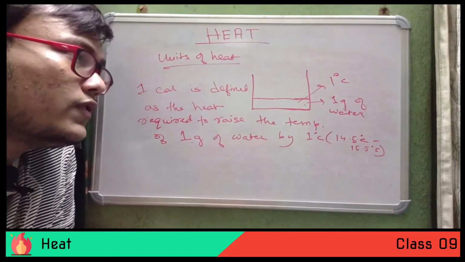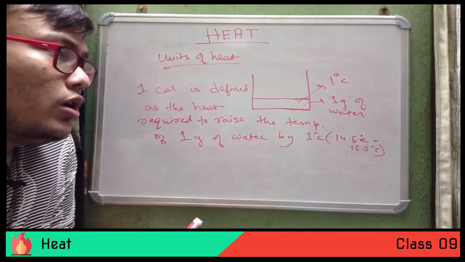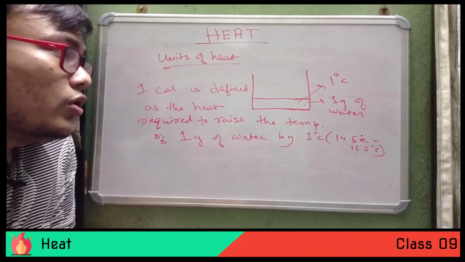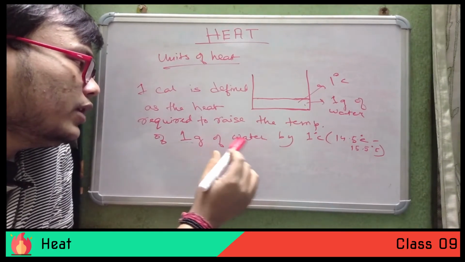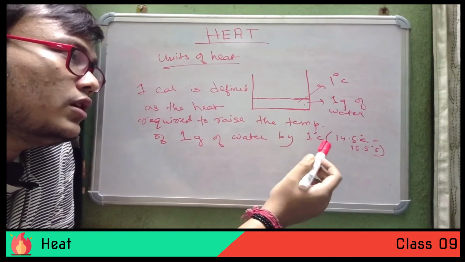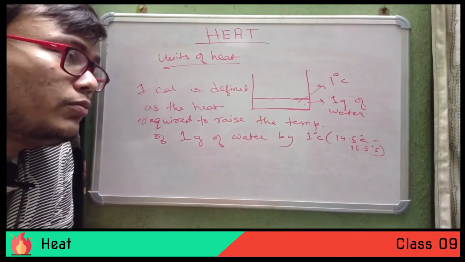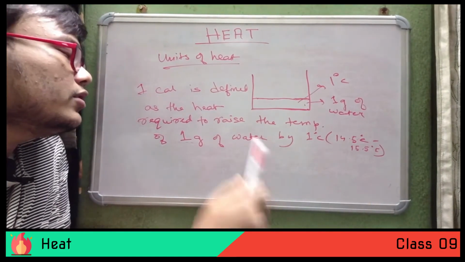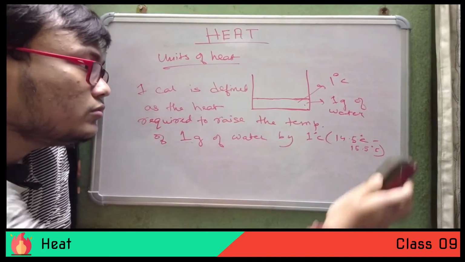It is another concept, due to the abnormal behavior of water towards expansion and contraction. We will discuss it in a later video. For now, keep in mind that the amount of heat required to raise the temperature of 1 gram of water from 14.5 to 15.5 degrees Celsius is known as 1 calorie.